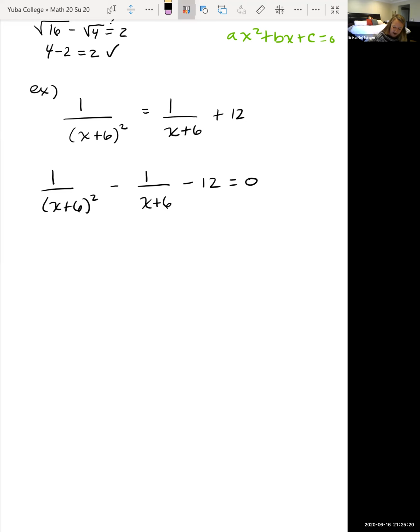Let's look at it where instead of having the square down here in the denominator, wouldn't you agree that that's the same thing as if I had squared this whole fraction? Because the square of 1 is just 1, and the square of x plus 6 would give me what I had over here. So this is the same thing as this. It's just rewritten in a little different way.